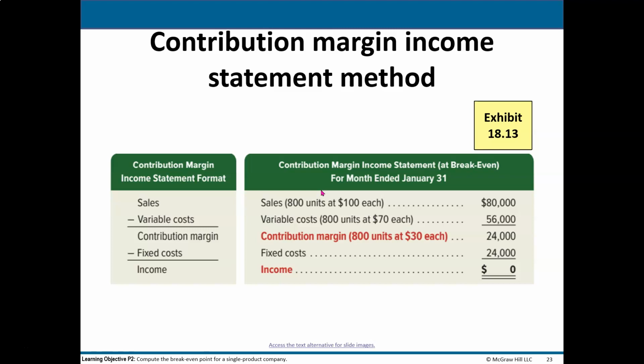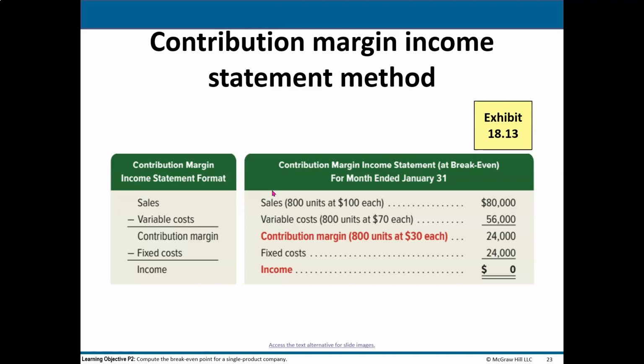Now that's the traditional format under absorption costing, and I'll explain why we call it absorption costing later. Under traditional costing methods that are approved for GAAP, we would use the other multi-step income statement. But for making managerial decisions, we want to look at the contribution margin income statement. So the contribution margin income statement focuses on cost behavior, whereas our traditional multi-step income statement focuses on cost classification, product costs, and period costs.